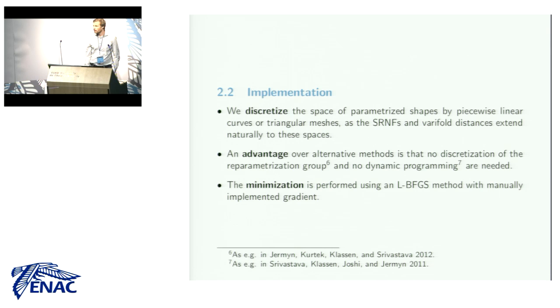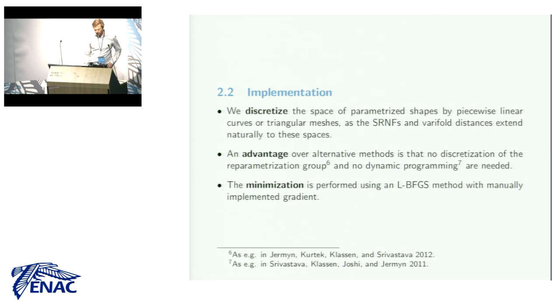First of all, the implementation is pretty easy because the varifold distance and the square root normal fields can all be defined on triangular meshes. So I can use piecewise linear curves or triangular meshes for surfaces as a discretization, and write down these energy functionals pretty much directly. Even the gradients can be computed by hand and then implemented efficiently.